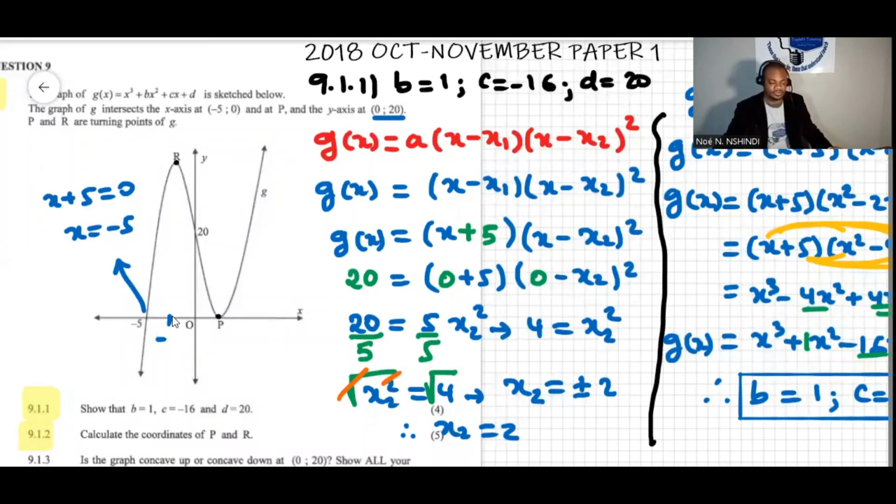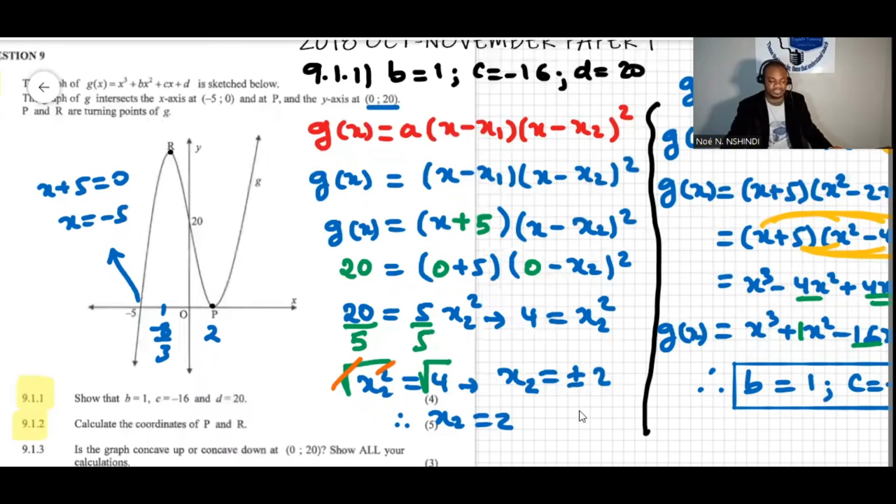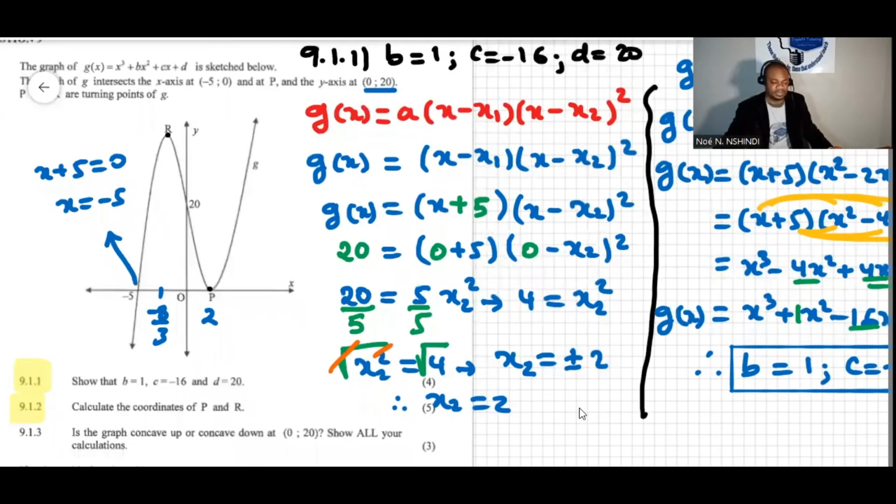And this one is exactly at 2. It's the same value of 2 that we found when we were calculating the x-intercept, because P is also the x-intercept. Now, R is the maximum, and this is the minimum.